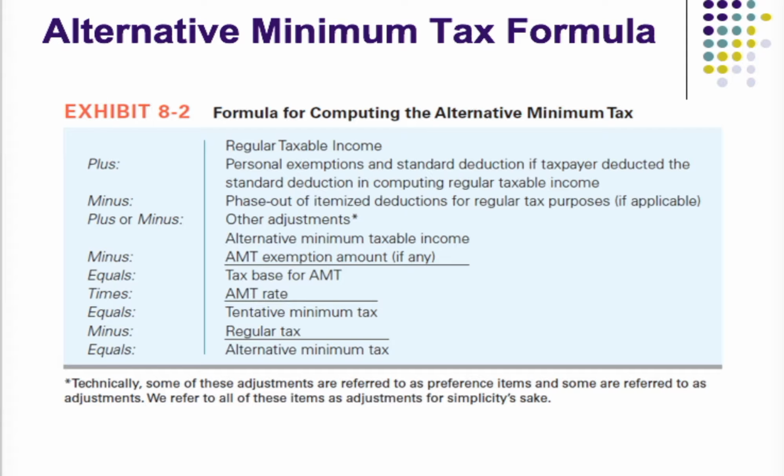But what ends up happening is there are certain deductions that get added back in to calculate the AMT.